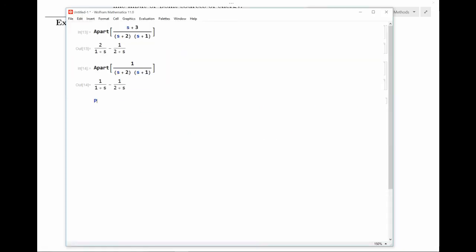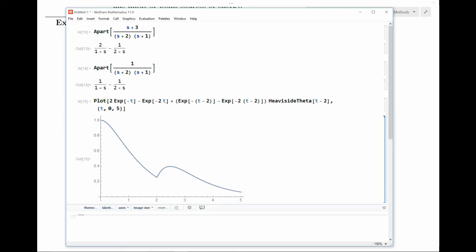Let's look at the graph of this function. As you can see, this graph has an interesting event happening at 2.